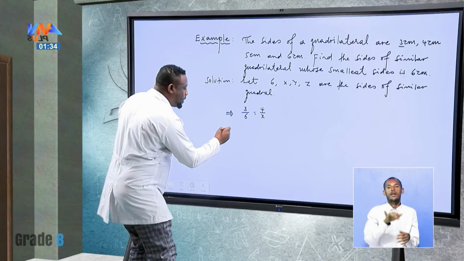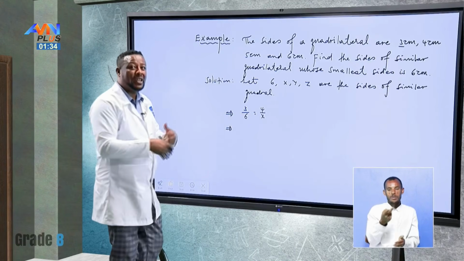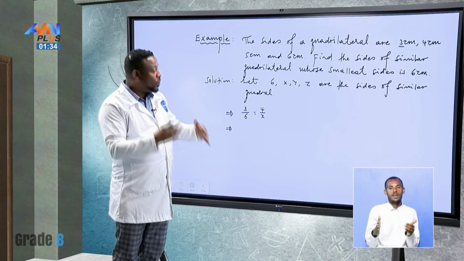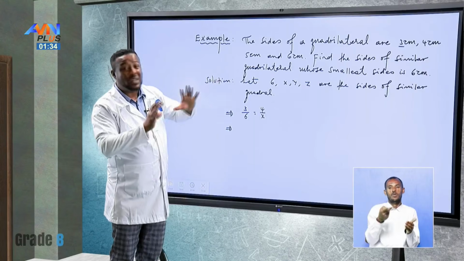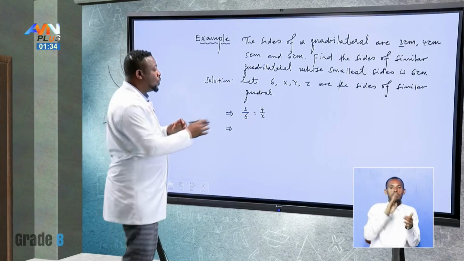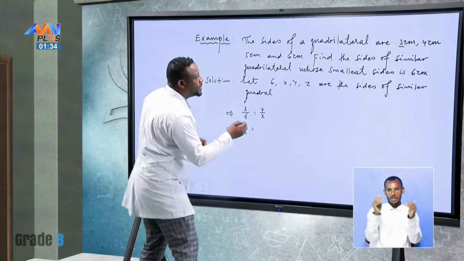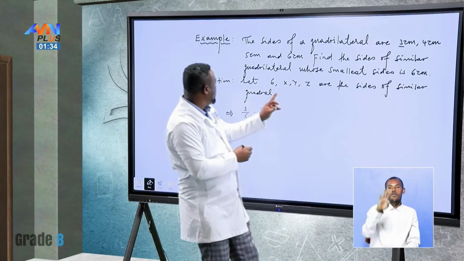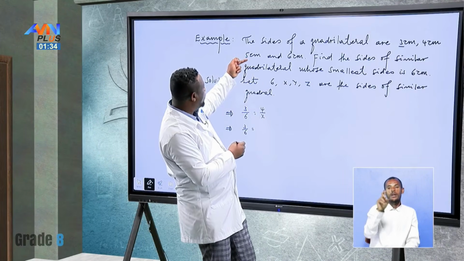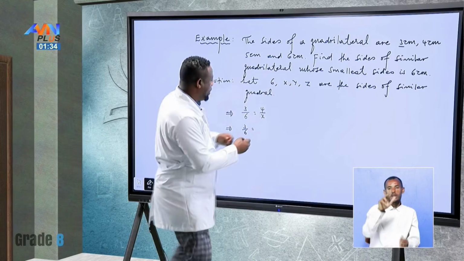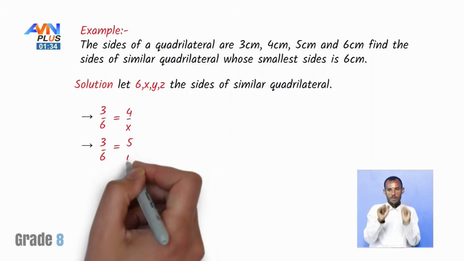Similarly, all the pairs of the ratios of corresponding sides must be the same. So the 3 over 6 must be the same as the third side, which is 5 over y. Okay, 5 over y.